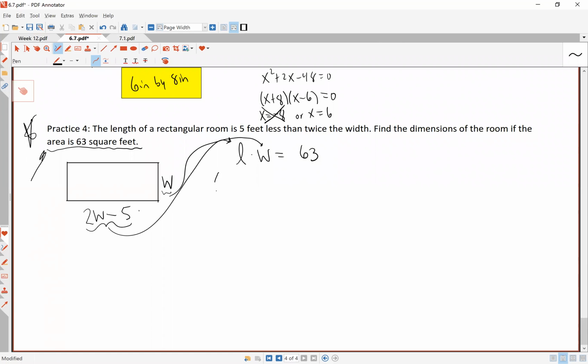The length is 2W minus 5. The width is W, and that's equal to 63. So we distribute that and get 2W squared minus 5W equals 63.